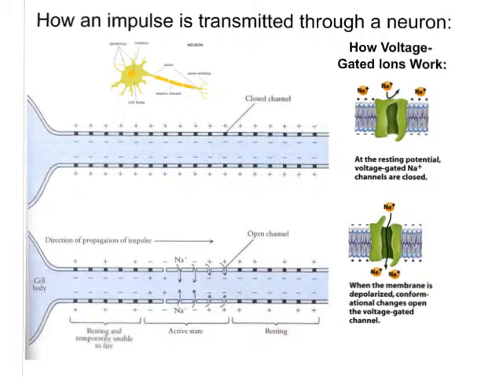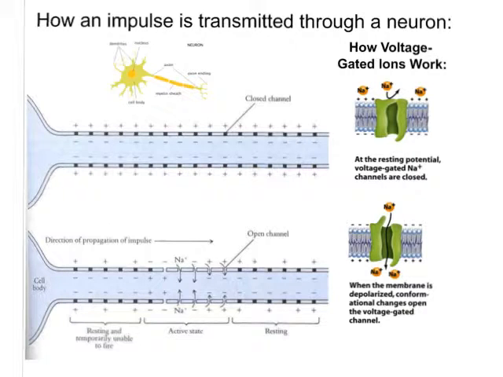And when they are closed, as shown right here, there is an electrical potential that is built up. Here you can see positive ions on the outside, and negative ions on the inside, and because these channels are all closed, it maintains that electrical potential. What happens then when these gates open?